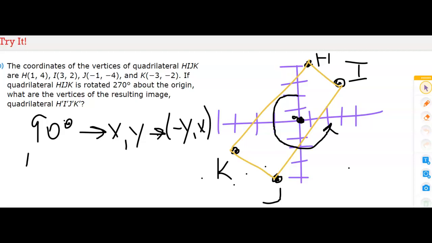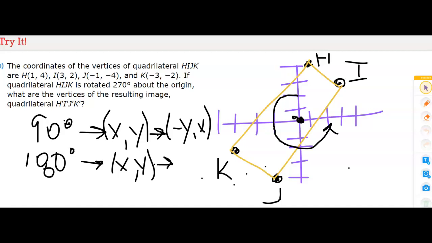If it were 180 degrees, (x, y) would go to (-x, -y).